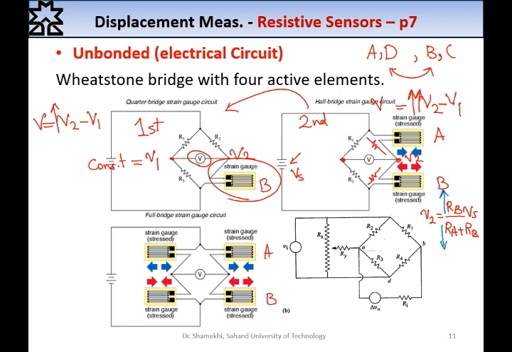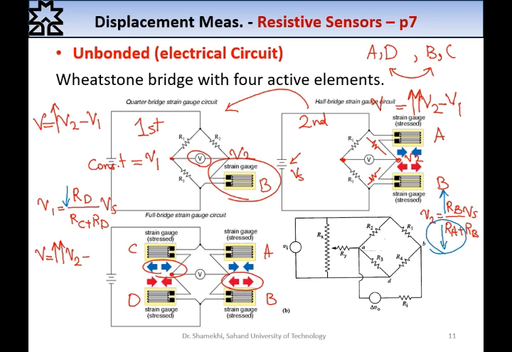And if we use A, B, and also C and D in this structure, the output V will be doubled with V2, and as you can see here, because the V1 voltage is RD divided by RC plus RD times VS, and because of the similarity between RD and RA, and similarity between B and C, V1 will decrease.